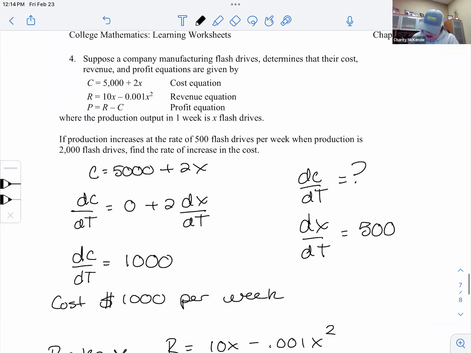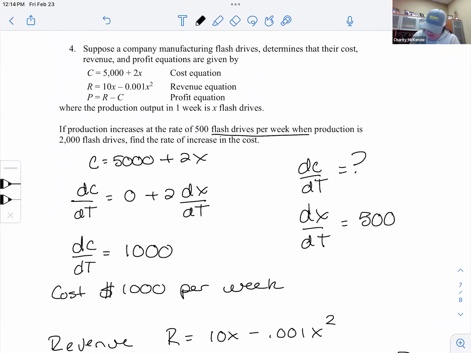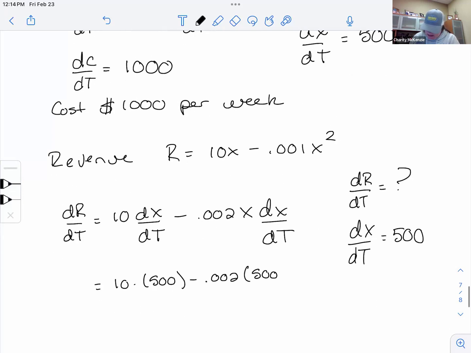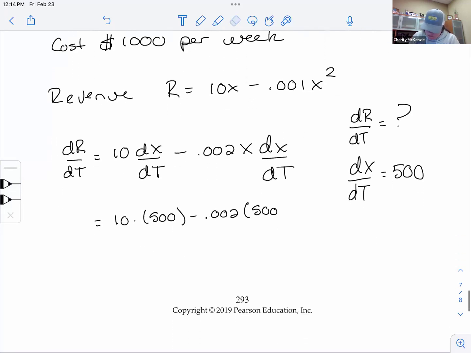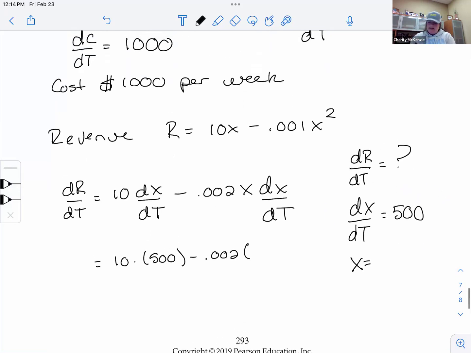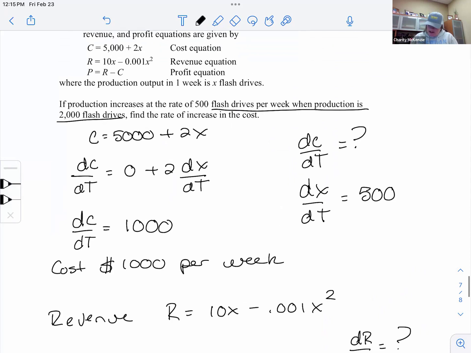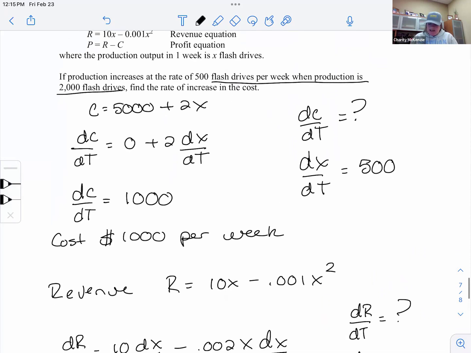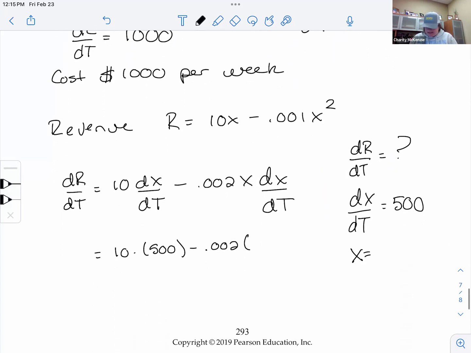Okay, up top: flash drives per week when production is 2,000. That's our x. I was like, wait, I can't put the rate in for the x value, right? So this is dx dt. What is x? x is going to be our number of items, but it says flash drives per week when production is 2,000. So our production is 2,000.